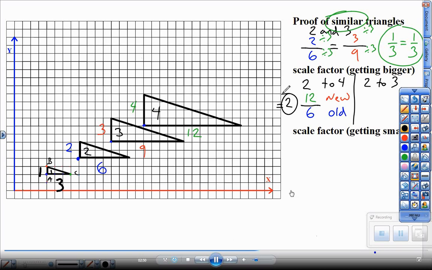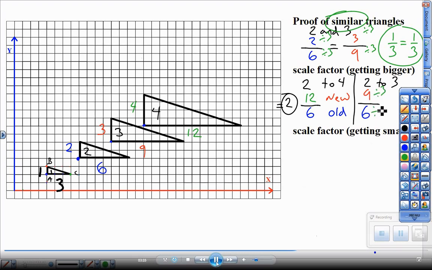If I do from triangle 2 to 3, so again, from this one to this one, the new length divided by the old length, or the new height divided by the old height, whatever numbers you want to use. I'm going to use the bottom numbers. So it goes from the original 6 to 9. So 9 is the new length, 6 is the old.